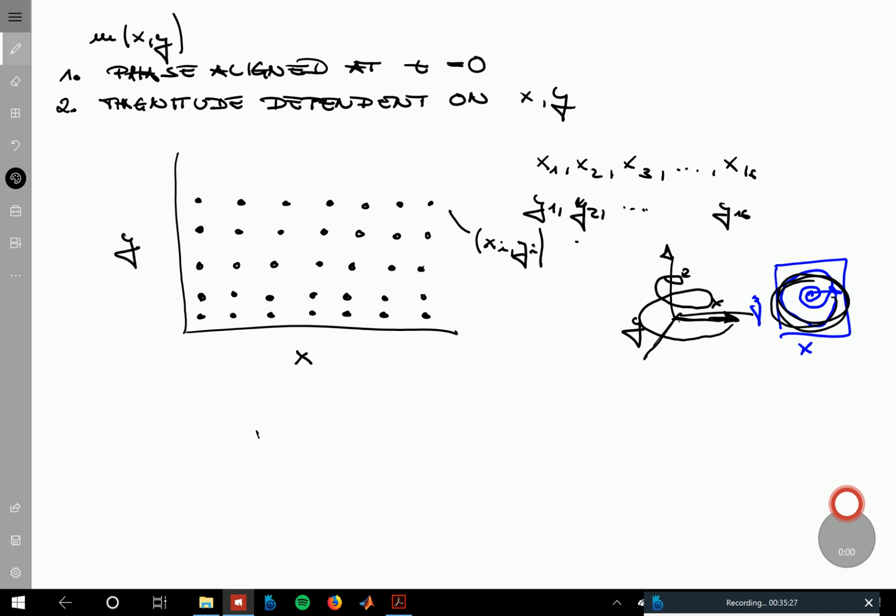But this was always only one of those at one location xy. Now we're looking at this whole thing as a function of xy, so we have lots of these arrows.